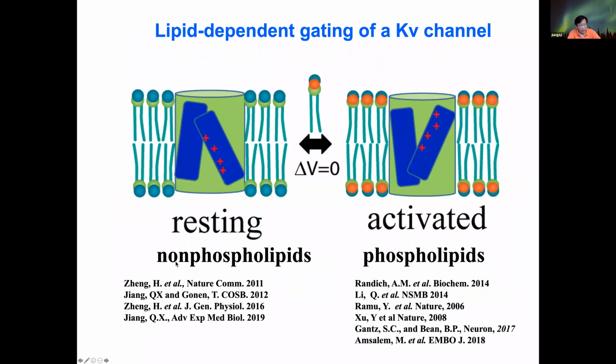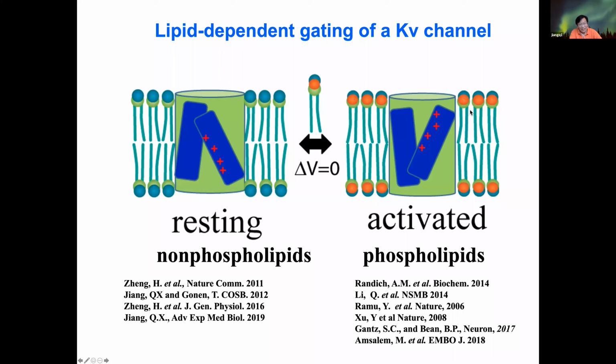We did a series of experiments in my own lab, and also many other experiments done by others are consistent with our main hypothesis. Our main hypothesis is that in a bilayer which does not contain phosphate groups in the head group region, the voltage sensor domains are favored in the resting state or resting conformation.